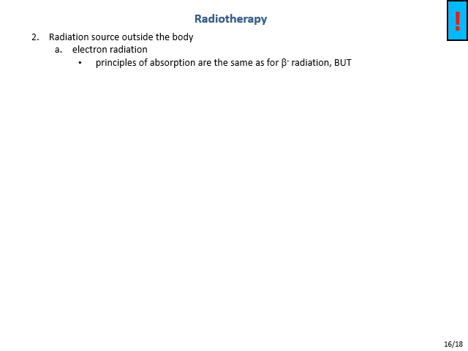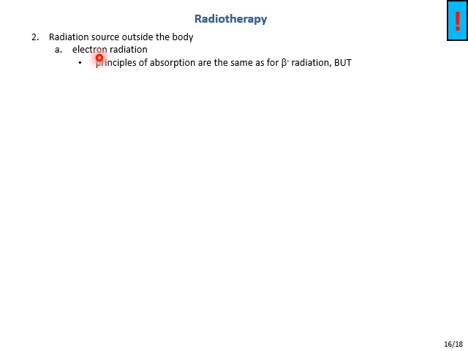The second type of application of ionizing radiation for radiation therapy is when the radiation source is outside the human body. Such a radiation can be, for example, electron radiation.